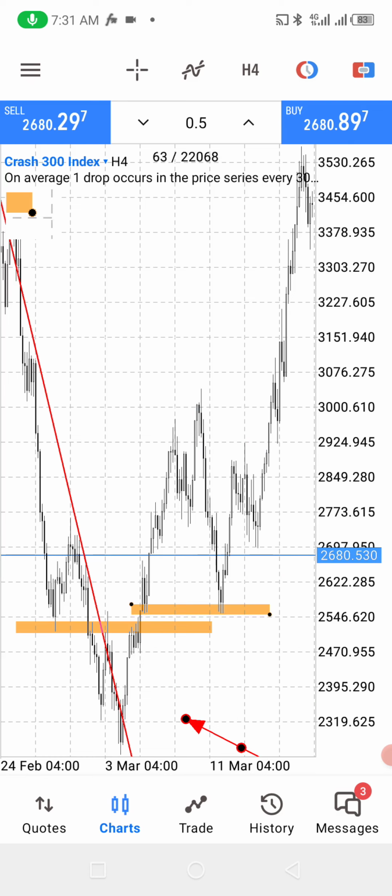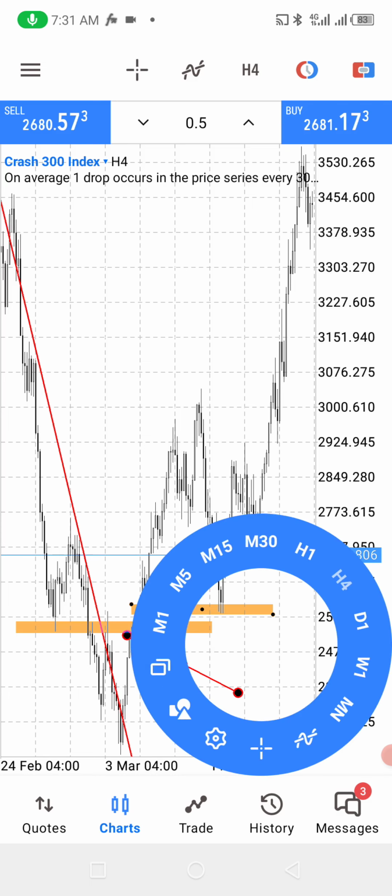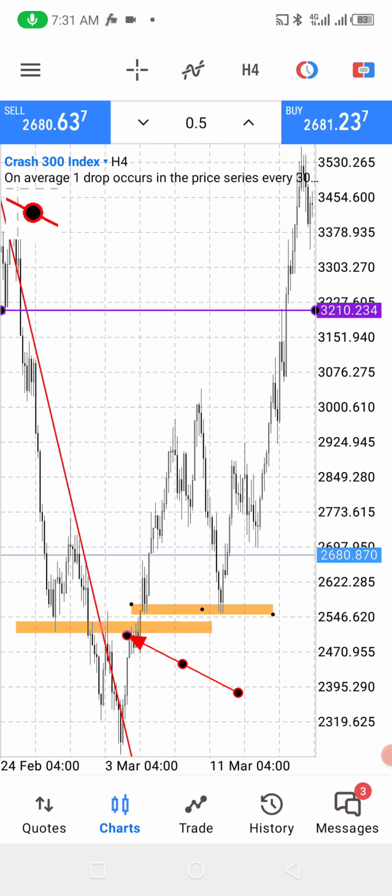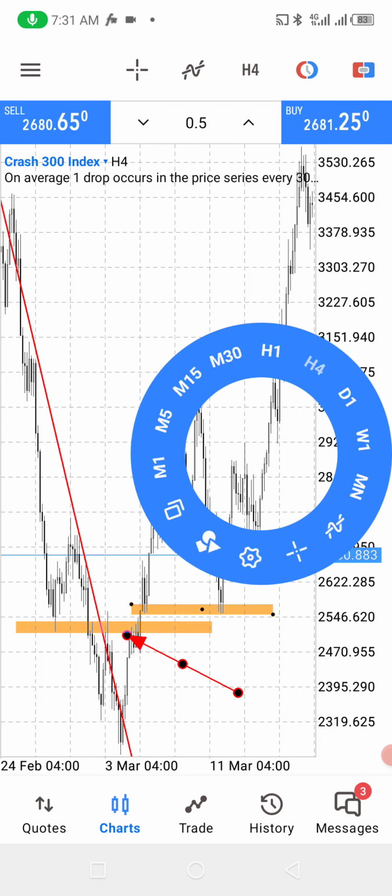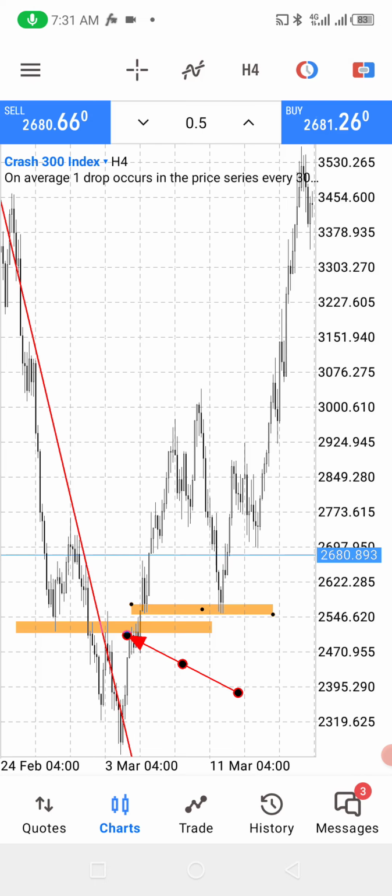When you map your resistance, look for the nearest possible way to enter the resistance. You can enter somewhere here. You can enter this resistance somewhere here.